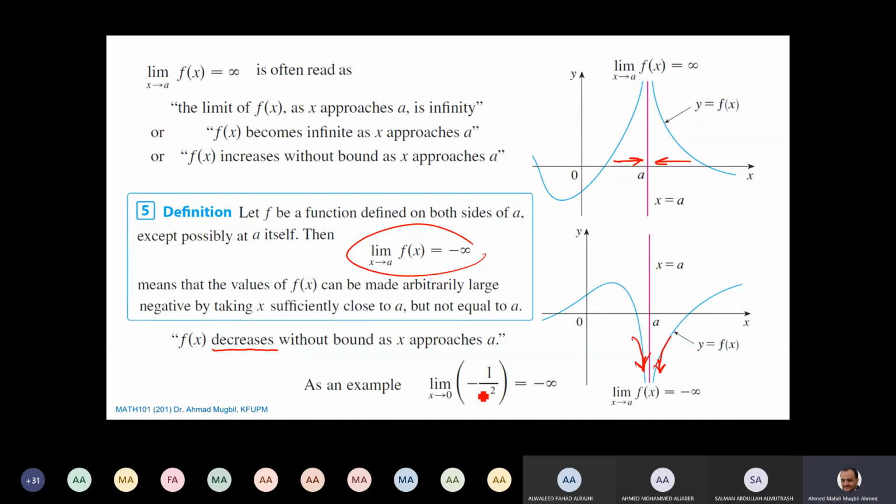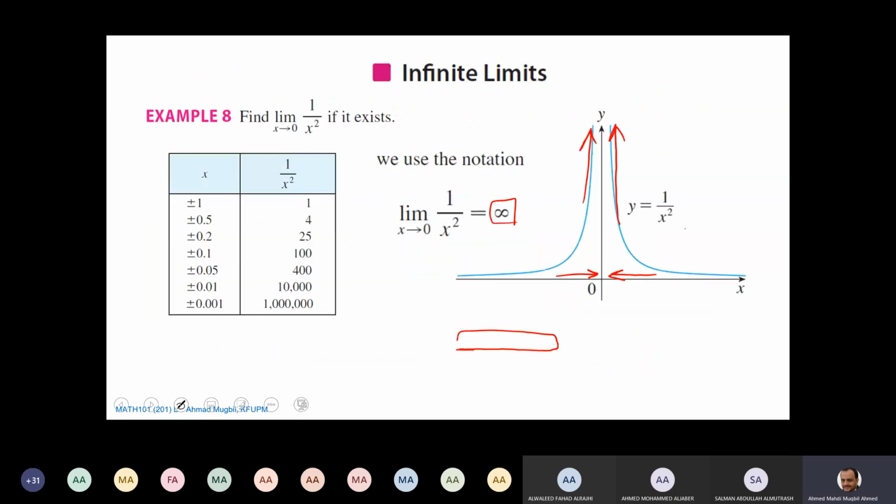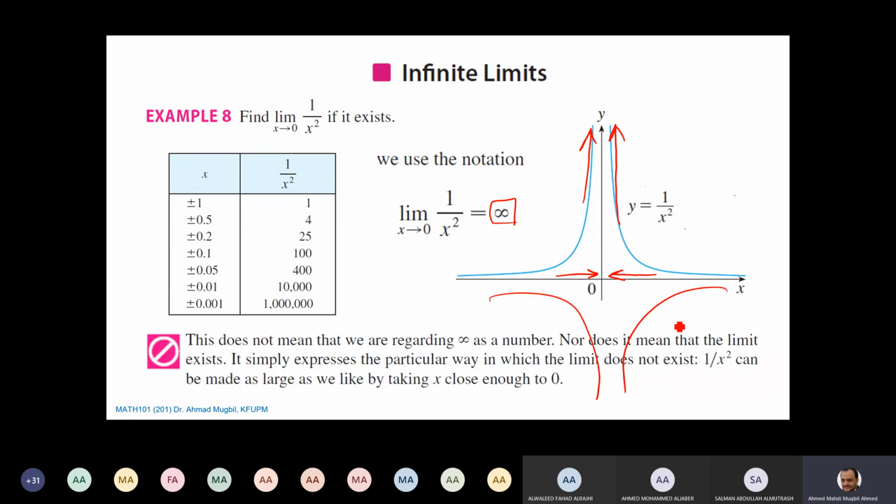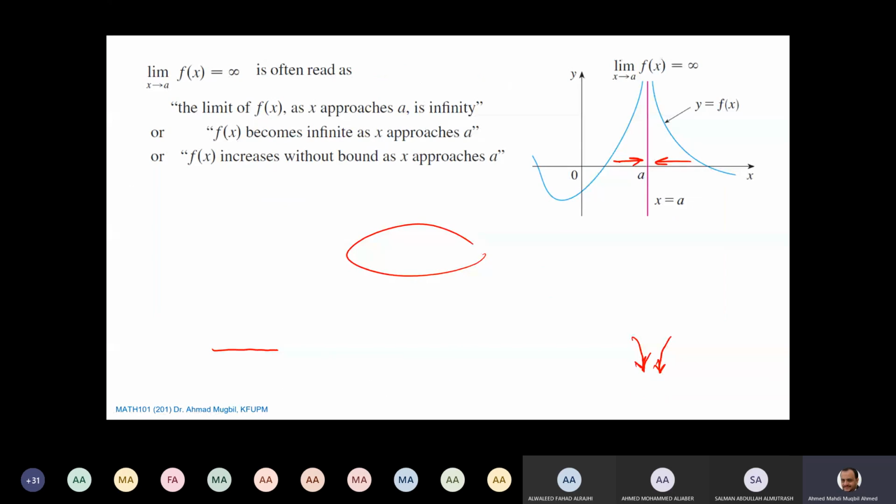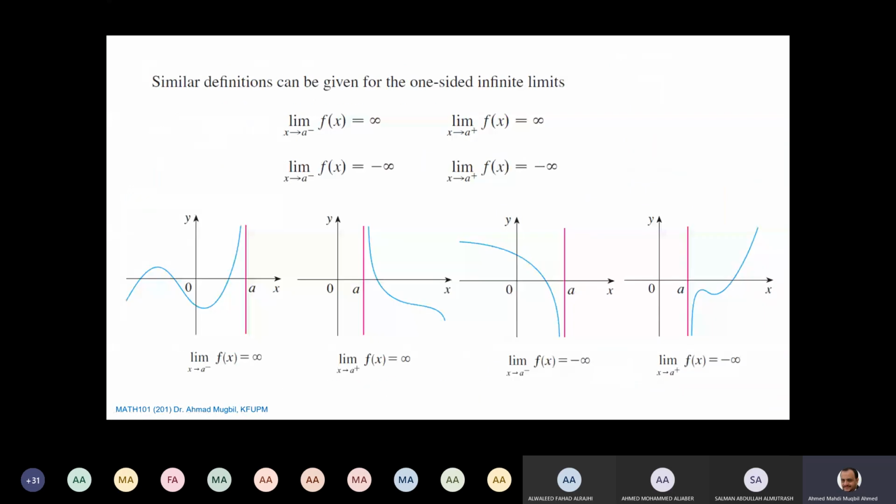Like the function, if you have an example, negative 1 over x squared, just reflect this function on the x-axis. If you reflect it, you will have a function whose limit when x approaches 0 will be negative infinity. These are some examples: when x approaches a from the left, the function goes to infinity.